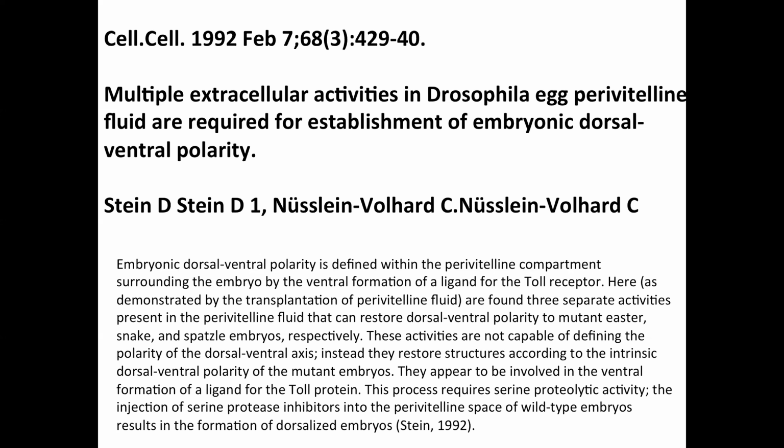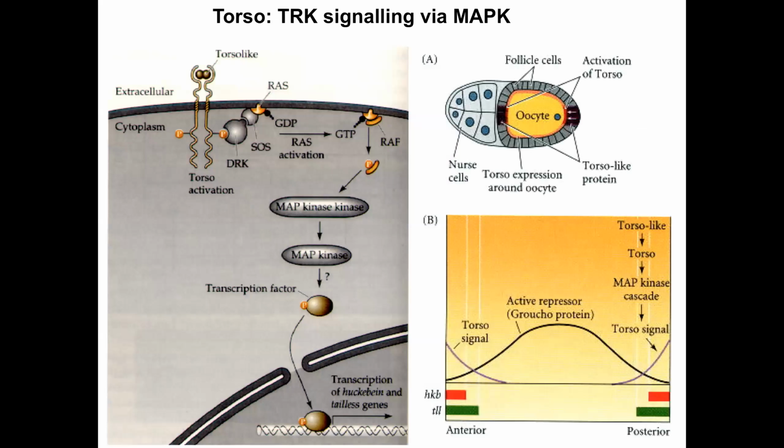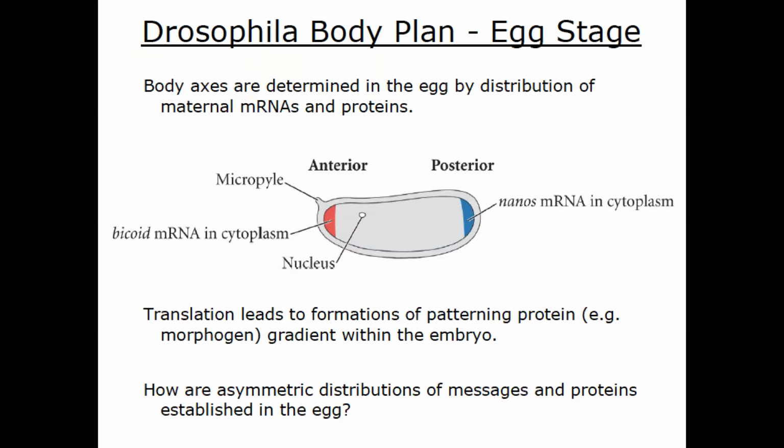Okay, so today I will talk about the next step. The dorsal ventral patterning has happened. The other axis that gets laid into the Drosophila body plan is the anterior posterior axis.